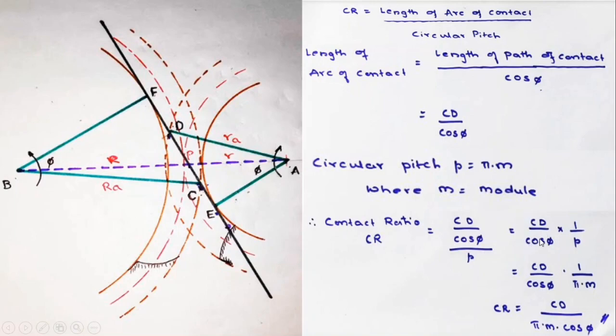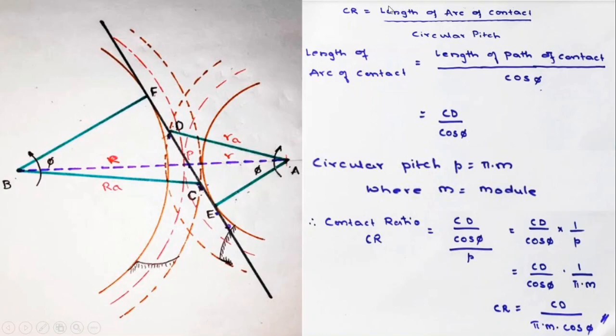So CD upon cos phi into 1 by p. CD upon cos phi remains as it is, and for p we substitute pi into m which we have written over here. Therefore we can say the contact ratio is CD upon pi m into cos phi. So this is the derivation for the expression of contact ratio.